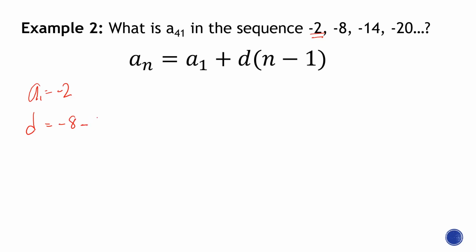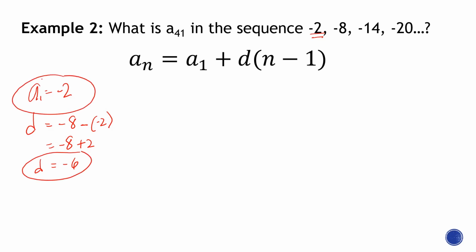That's negative 8 minus negative 2, which is equal to negative 8 plus 2, which is equal to negative 6. That's our d. Next, our n is 41. If you see this kind of problem, what is a_41, it's simply asking you about the 41st term of the sequence.